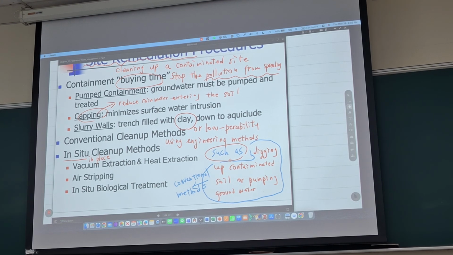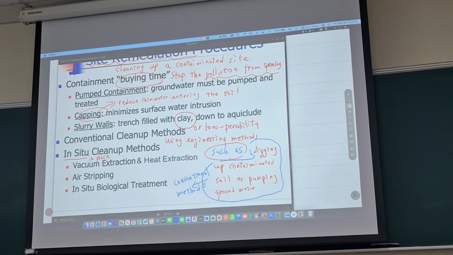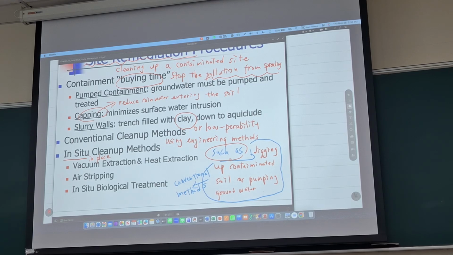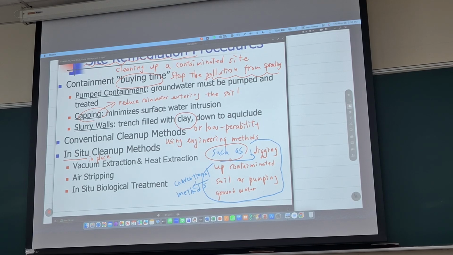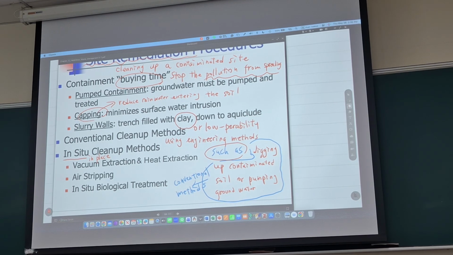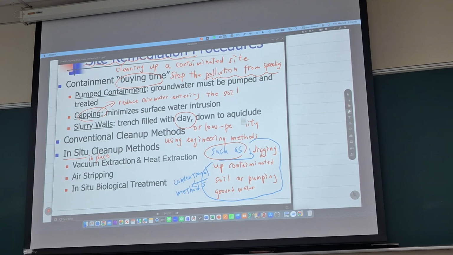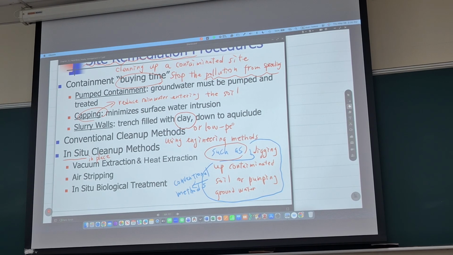So we try to buy time. That means we try to stop the pollution from spreading. So we pump the contaminants, we cap, we build up a slurry wall with low permeability material. Sorry, wrong spelling.